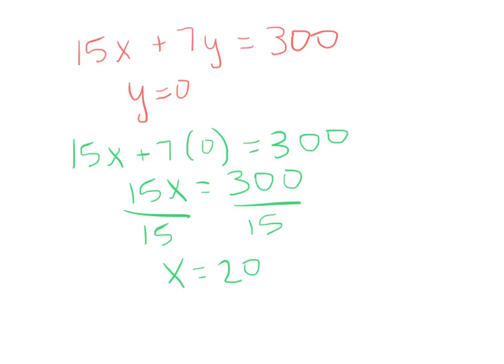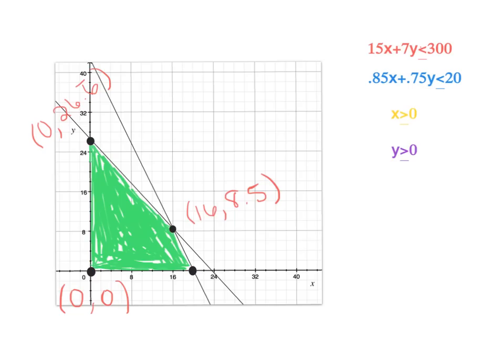Okay, so now our point here is x is 20, y is 0. So let's go back to our graph and make sure that that makes sense. Our x is supposed to be somewhere around 20, so that looks about right. So x is 20 and y is 0 because we're not going up or down from our x-axis. So beautiful. So now we have identified all of our vertices.